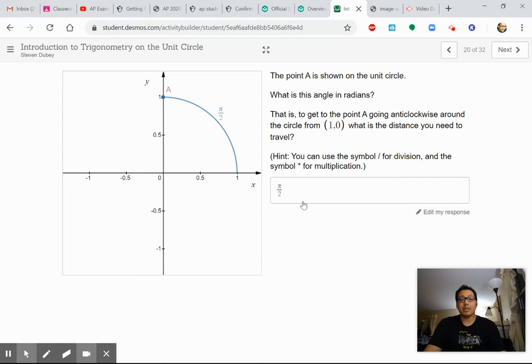And that is the same as a 90-degree angle. So think about this. The whole thing is 2 pi. There's 1 pi halfway around. This is pi over 2, half of that. I know this is kind of crazy because everything's going to be in terms of pi, because 2 pi is going all the way around the circle.